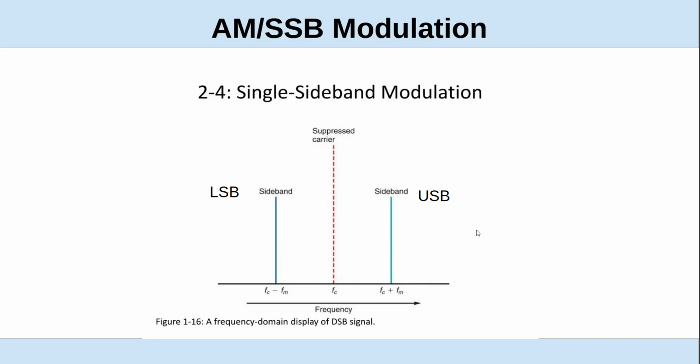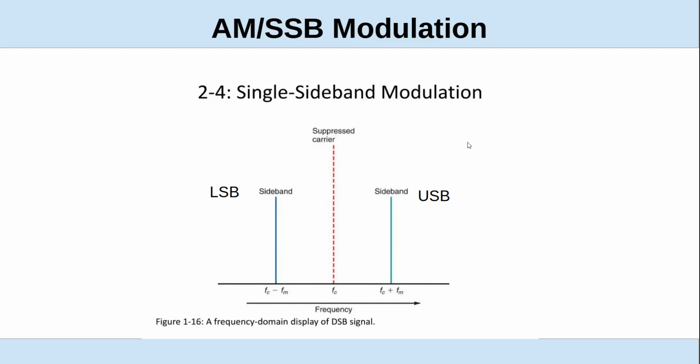Okay, so if we look at, in this case, it's actually showing AM and single sideband. In the frequency domain, we'll see our carrier frequency. And in the case of single sideband, it's suppressed carrier, which means it's filtered out almost completely. There might be some residual. And then we filter out one of the sidebands.